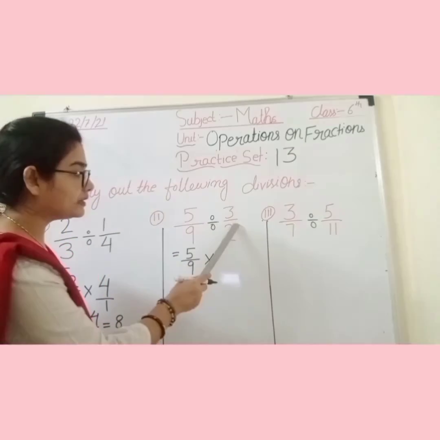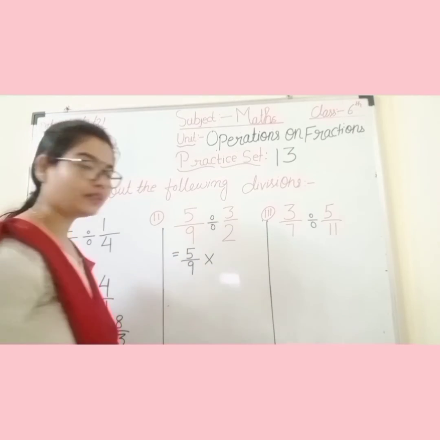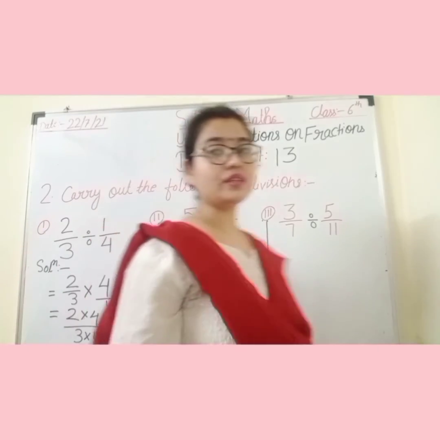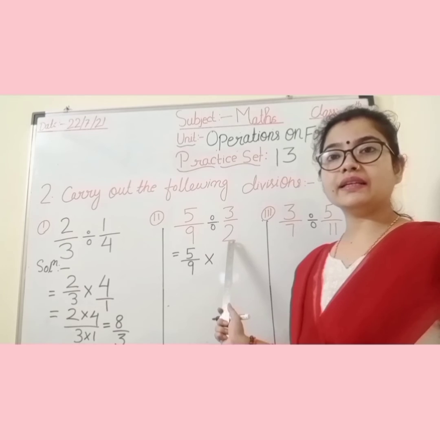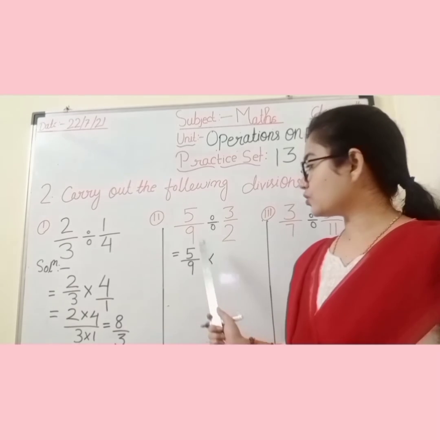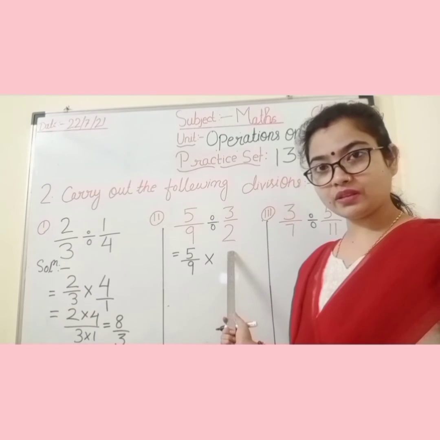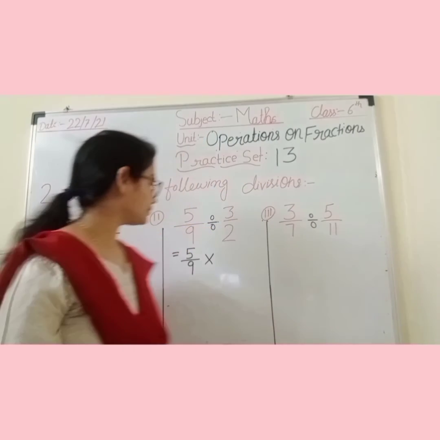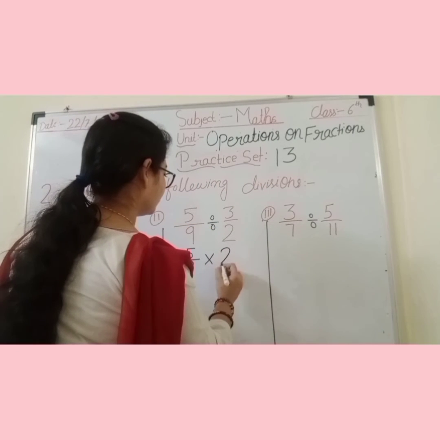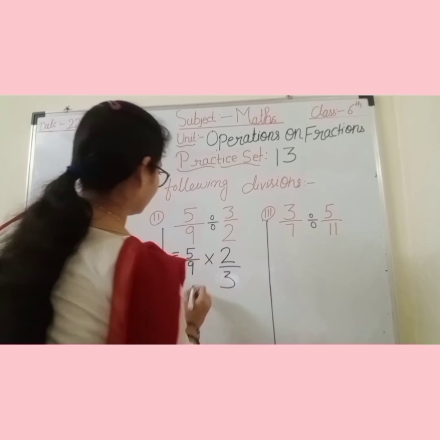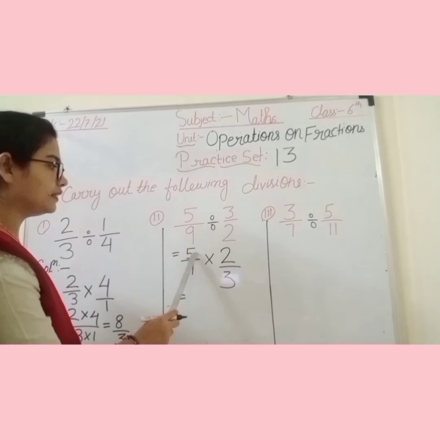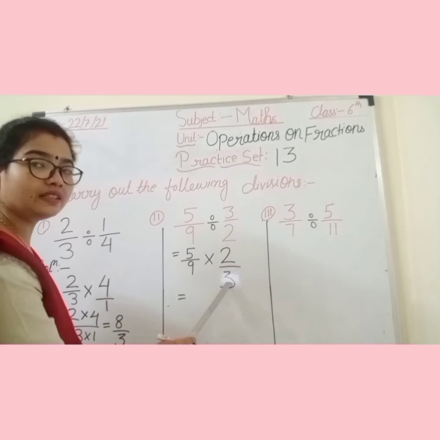So what will be the reciprocal of this fraction? Think, student, what it will be? Reciprocal of 3 by 2? It will be 2 by 3. So you will write here 2 by 3. Okay? Then these two are in numerator and these two are in denominator.